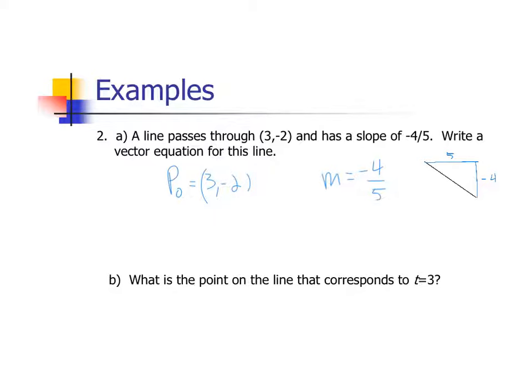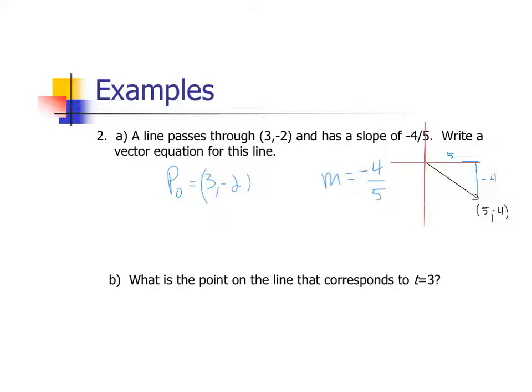Let's pretend that this is the origin, just for argument's sake here. I'll draw a set of axes here just to show that we have a vector. So what's the end point of the vector? Well, it's (5, -4), because we go 5 in the x direction and 4 down, or negatively, in the y direction. So that corresponds to a direction vector of (5, -4).